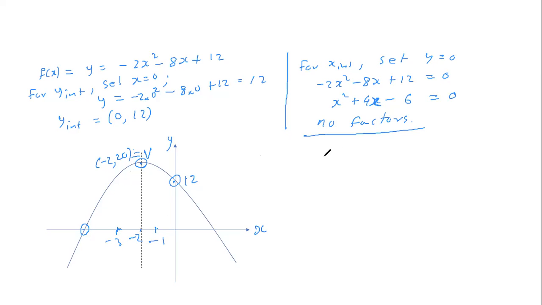The given equation is y equals negative 2x square minus 8x plus 12.